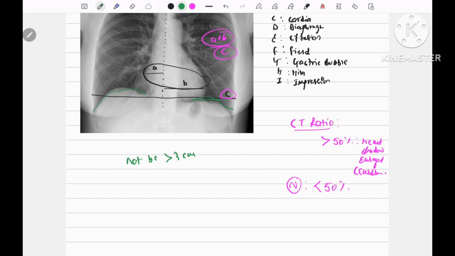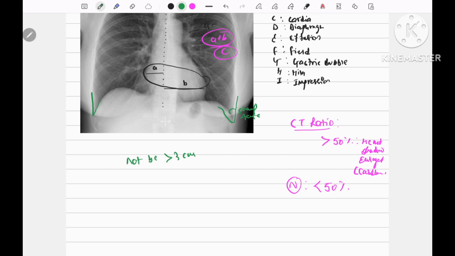Then we will see the effusion. In effusion, we look at the cardiophrenic angle and the costophrenic angle. We can see that these are very sharp and acute. If any fluid collects in this region, then it will be blunt.